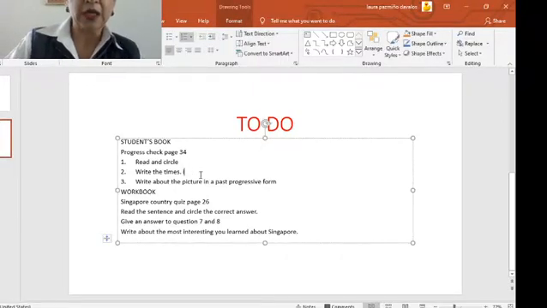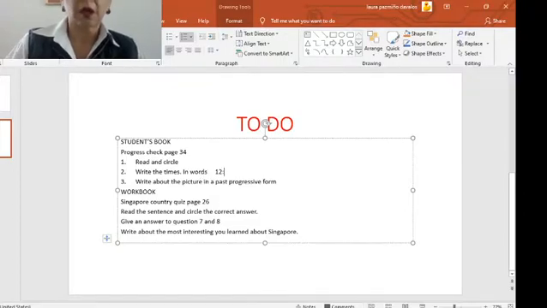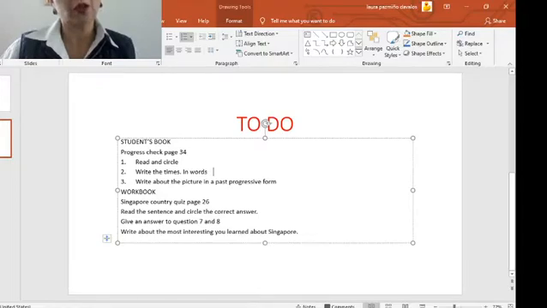If you write 12 o'clock, no. I want words, because you learned to write telling time in words. And then you write about the picture in the past progressive form. Remember the student's picture? That's what you need to do on the student book.